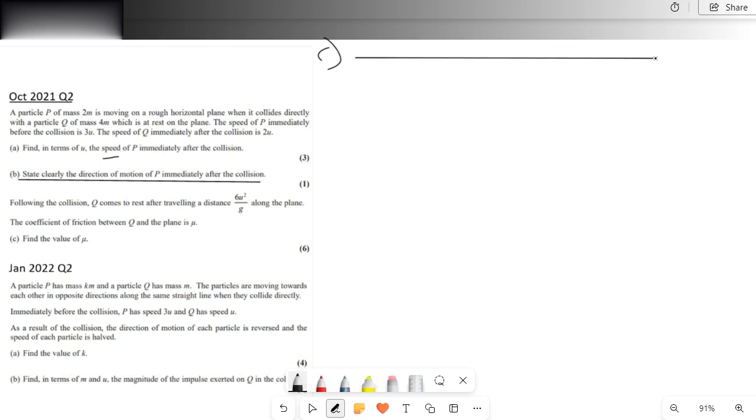So if the surface is rough, it will have a frictional force.